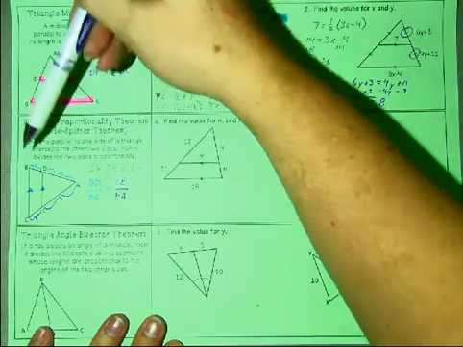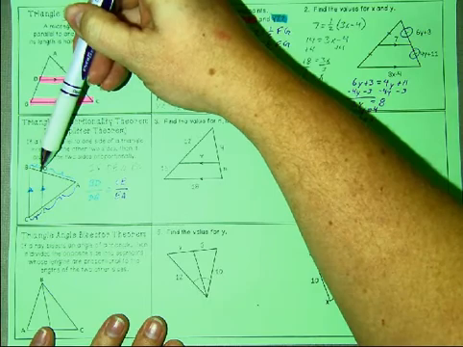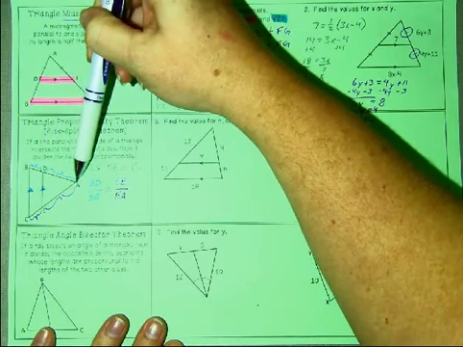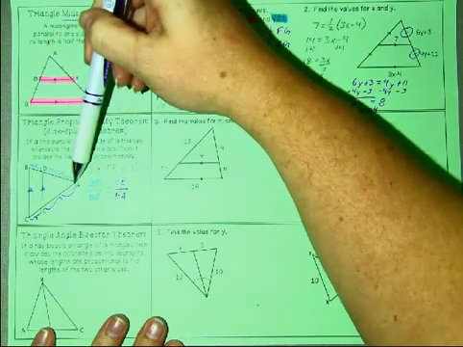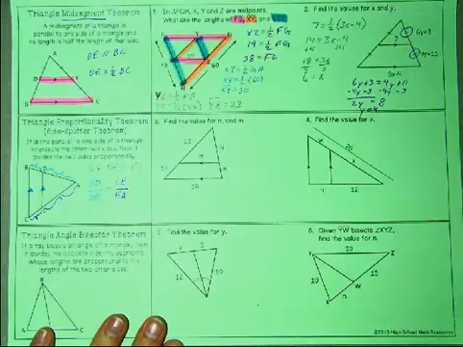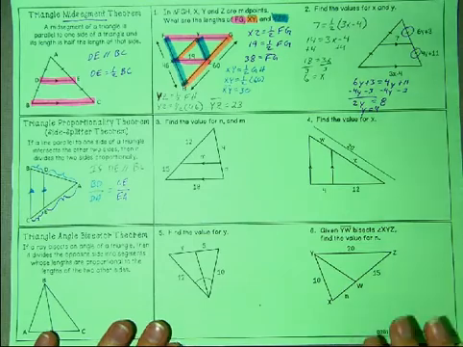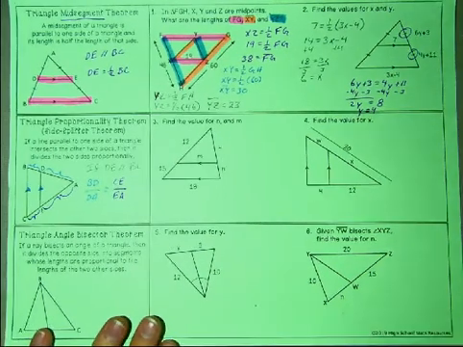Okay, so again, we're looking at the pieces. So BD over DA equals CE over EA. All right, so let's try a couple of examples with that one.